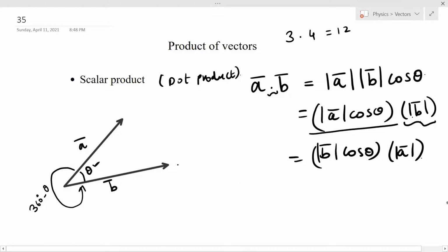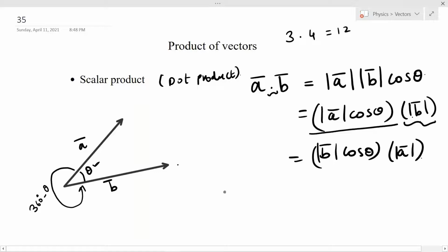Now this dot product, suppose if I have two vectors whose magnitude is fixed, that is modulus of a bar and modulus of b bar is fixed, then the dot product will depend upon the angle between these two vectors.